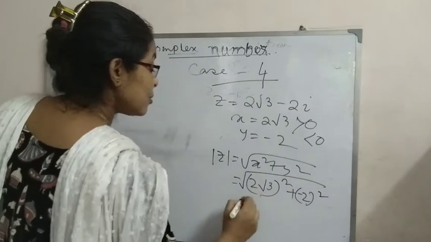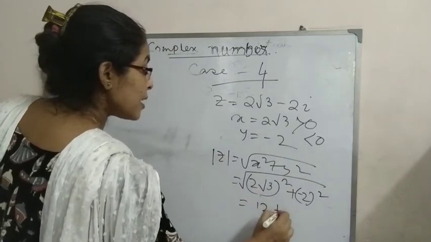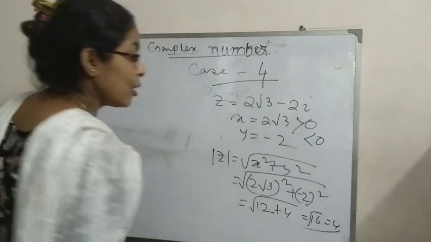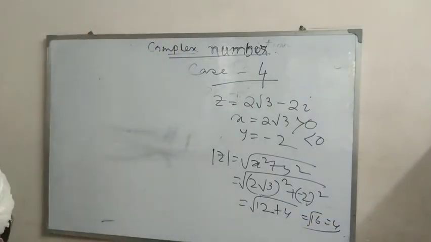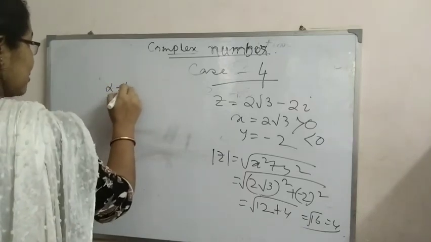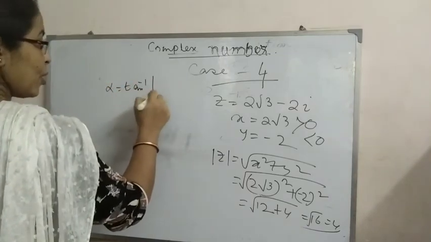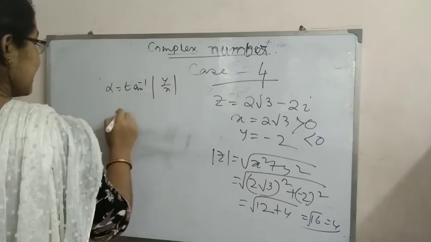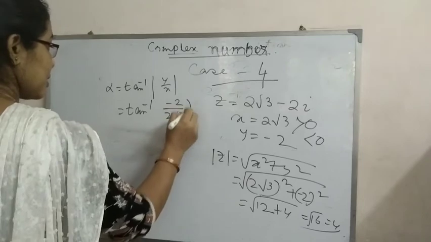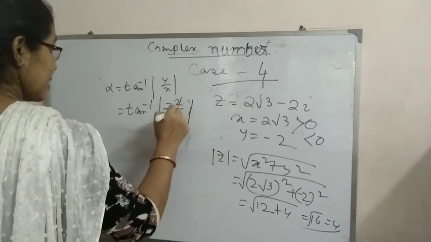This is 12 plus 4, that is 16, that is equal to 4. Modulus z equals 4.